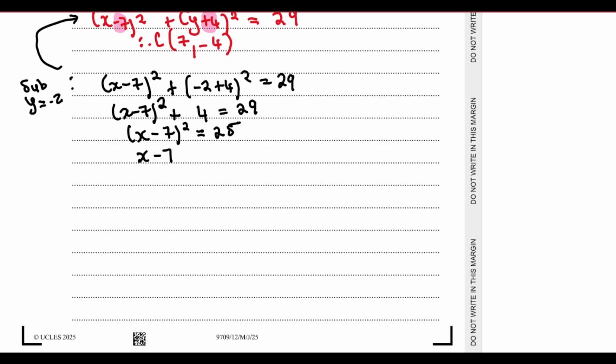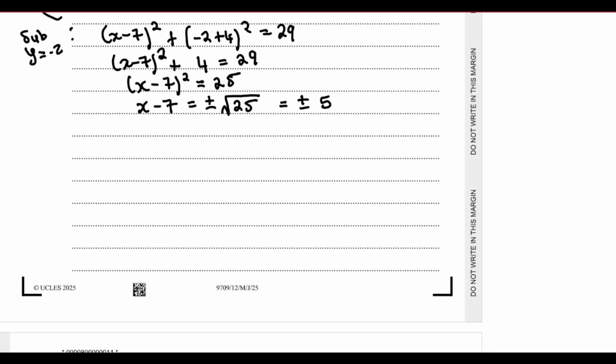If I take the square root of both sides, remember you need plus or minus on the right, we can easily find the square root of 25 is just 5. So I'll have x minus 7 is either positive 5 or x minus 7 is negative 5. We'll end up with x equals 12, or x equals minus 5 plus 7, which is 2.